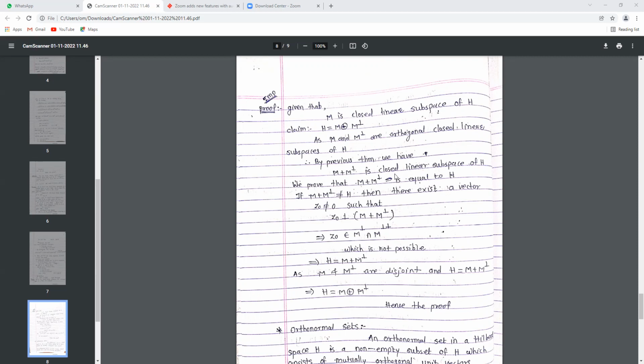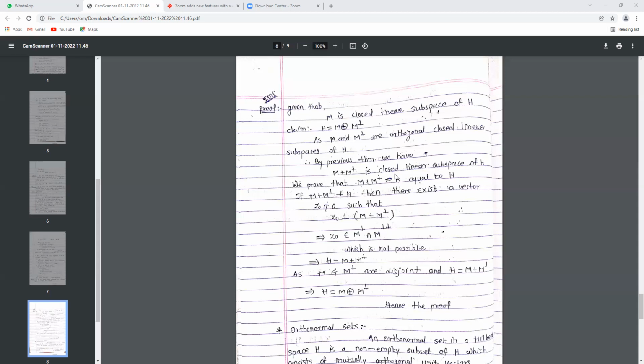That means Z0 belongs to M perpendicular. We have taken its perpendicular, that is the perpendicular of that whole space. That is, Z0 belongs to M perpendicular intersection M double orthogonal complement, but which is not possible. How?